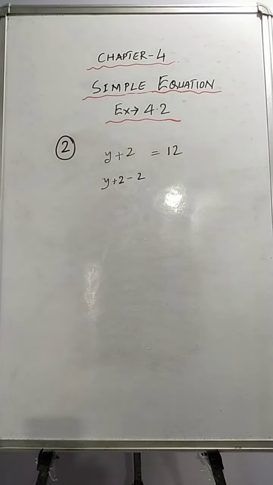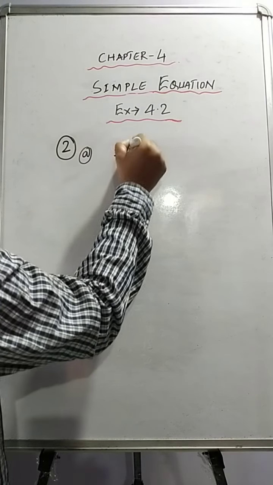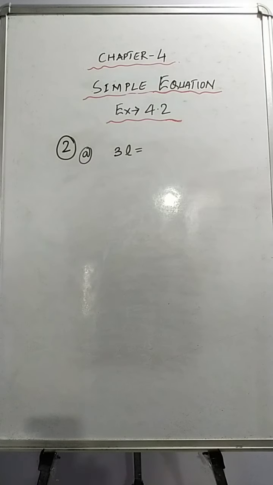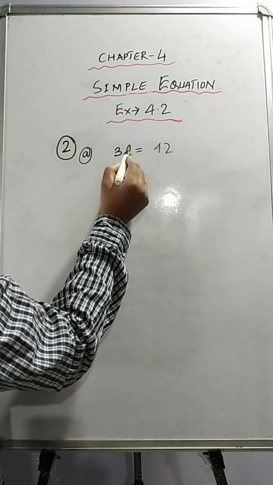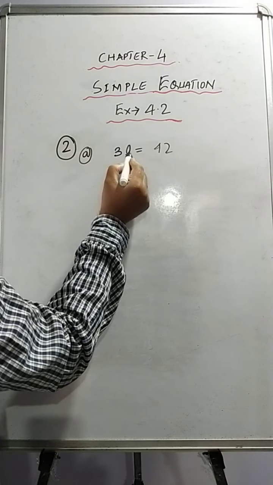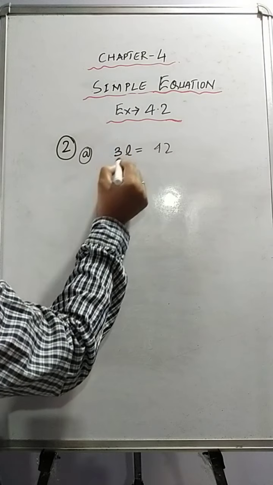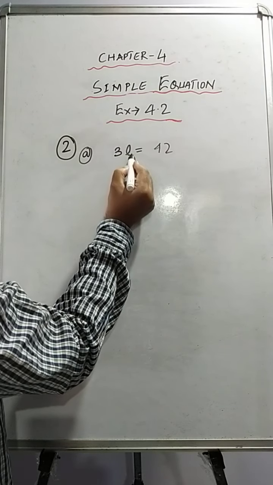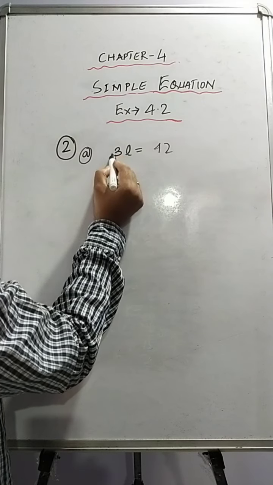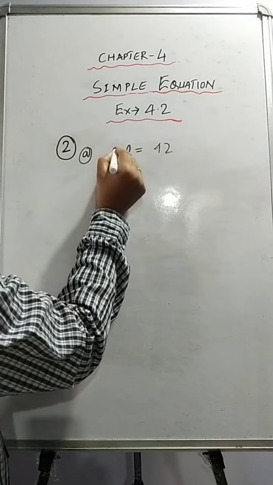Now let's do sum number 2, sum number A. We have 3L is equals to 42. Now what is the variable here? L. And with the variable what do we have? 3. 3L means 3 into L. So we will first try to remove this 3. I said that any digit which is in the multiplication form with the variable, if you want to remove it, you have to divide the whole term by the same number, isn't it?